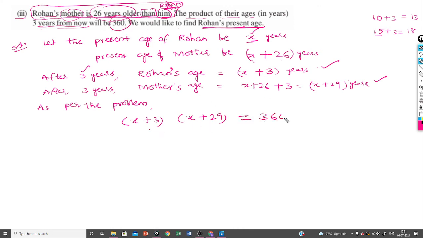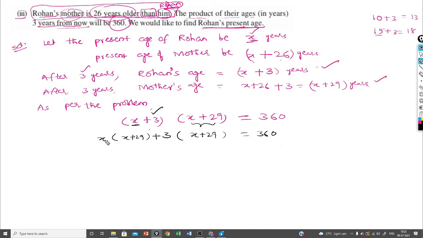360. A binomial is multiplied with another binomial. So what will we do? First we will take the first term of the first binomial, to be multiplied with the total of the second bracket. What is the second bracket? X plus 29. Next we will take the second term of the first bracket, that is plus 3, and again take the same second bracket.